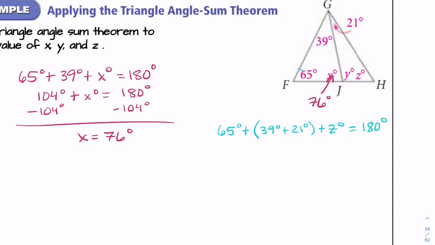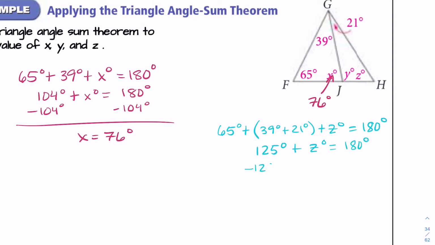What I'm doing is this angle and these two combined, when we add them together, and z, we will get 180. So I'm going to combine like terms. 60, 70, 80, 90, 100, 110, 9 and 1 is 120, 125 degrees plus z degrees equals 180 degrees.